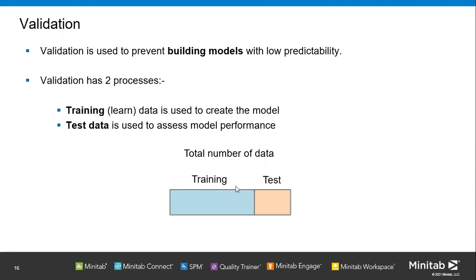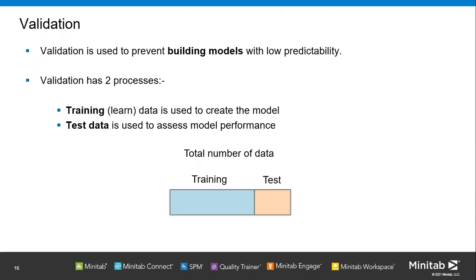So if you have 100 data points, maybe you split 50 to be the training data set and another 50 to be the test data set. But how many go to the training data set and the test data set depends on the type of validation. So why do we need validation?